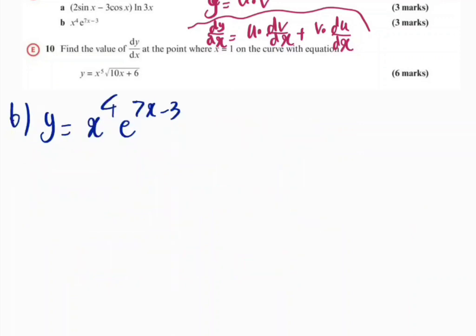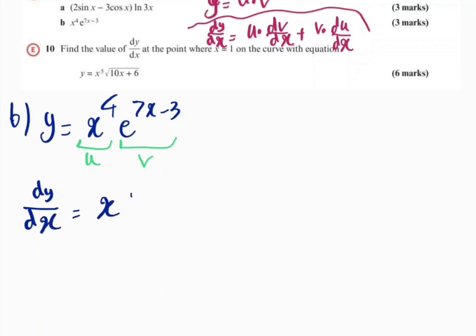B, we have x to the 4 times e to the power of 7x minus 3. So we can consider x to the 4 as our u and e to the power of 7x minus 3 as v. And now let's differentiate this.